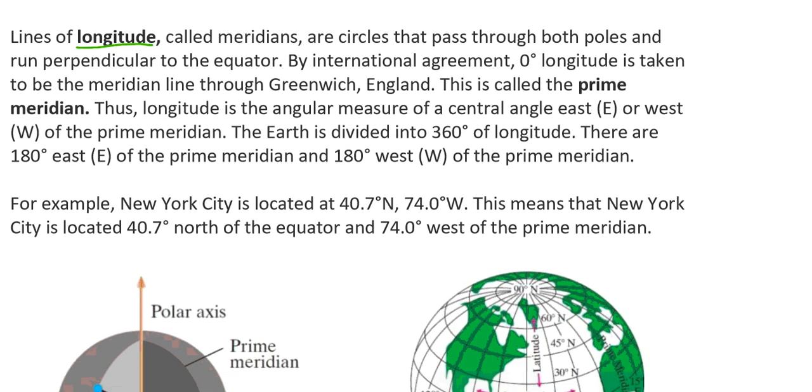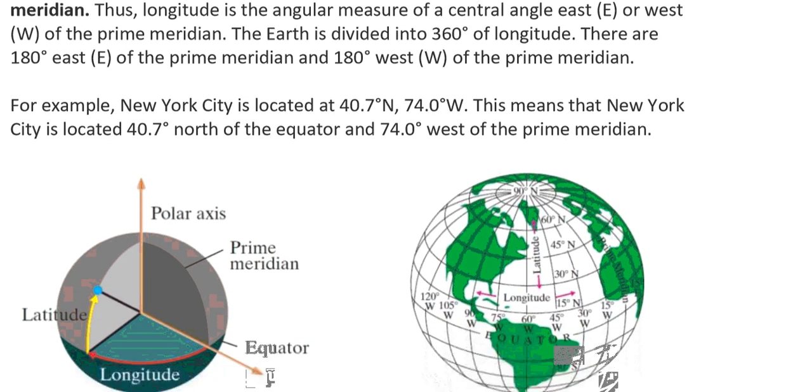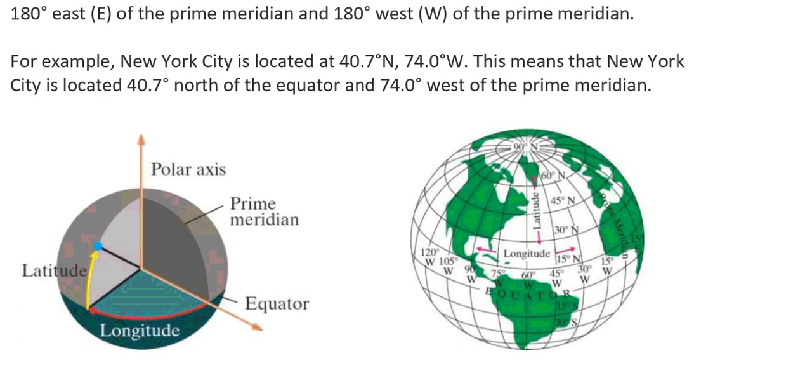So if we look at our diagram again, for longitude, let's take a look at our picture of Earth here. I could say that from here to here, these points are going to be directly east and west of each other, from our prime meridian. And our prime meridian is this particular point right here.